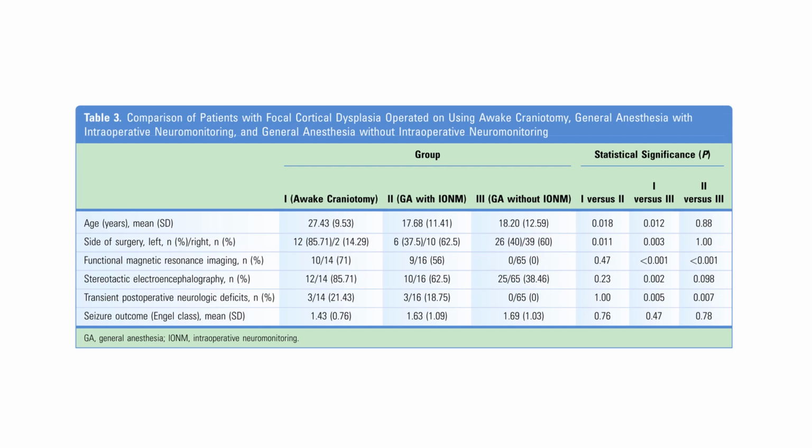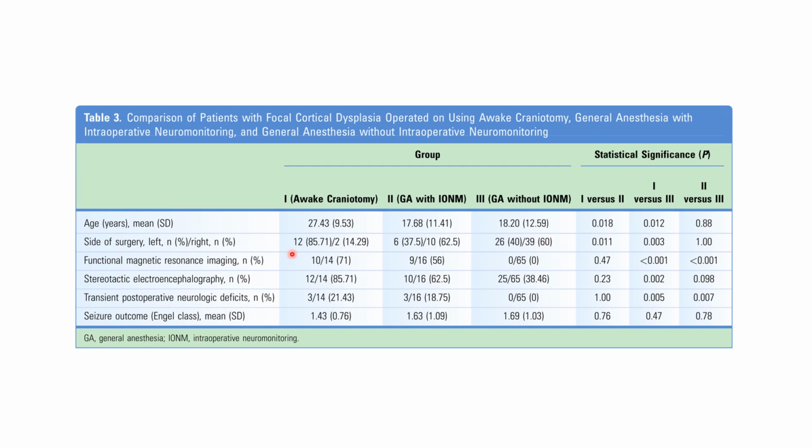So about 1/3 of our patients with focal cortical dysplasia were subjected to some kind of intraoperative neurophysiological mapping and monitoring. Awake patients were about 10 years older on average than the other two groups, which difference is statistically significant.